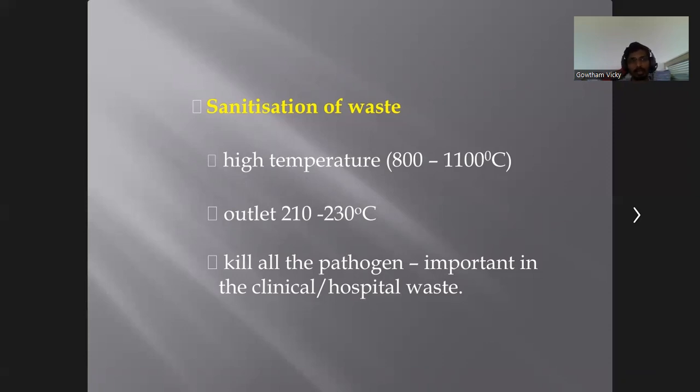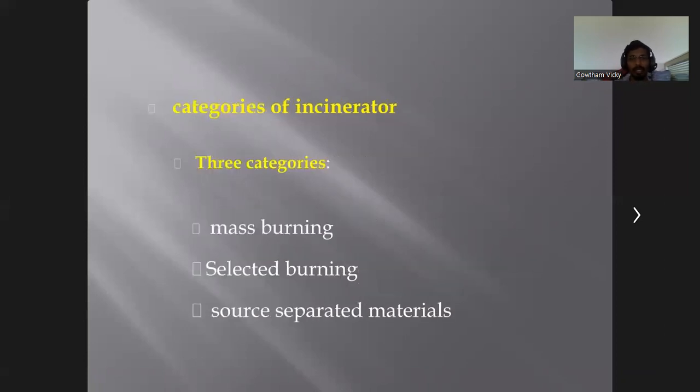It should kill all the pathogens, which is important for clinical and hospital waste. Then the categories of incineration are three: mass burning, sectored burning, and source separated materials. So these are the categories of incineration.